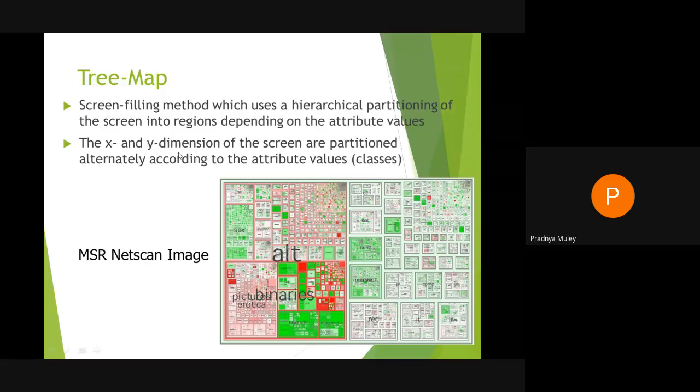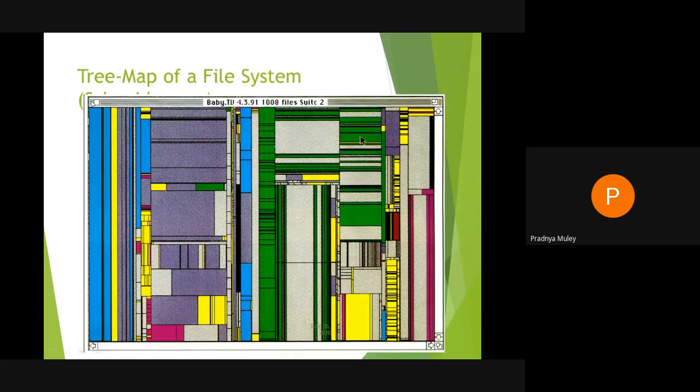The x and y dimensions of the screen are partitioned alternately according to the attribute values. So this image is an MSR NetScan image. Then a tree map of a file system, showing how files are allotted or located in the memory.